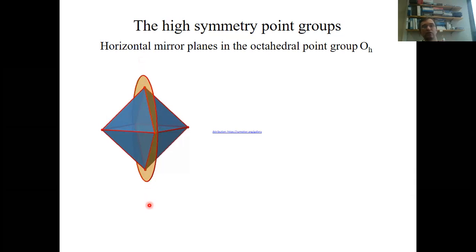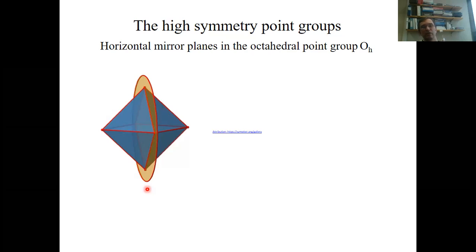So in a way, it also has properties of a vertical mirror plane, but the horizontal properties are considered to be dominating over the vertical ones in this formalism, so we consider them as horizontal mirror planes. As we carry out the symmetry operation, you can see our object becomes indistinguishable again.